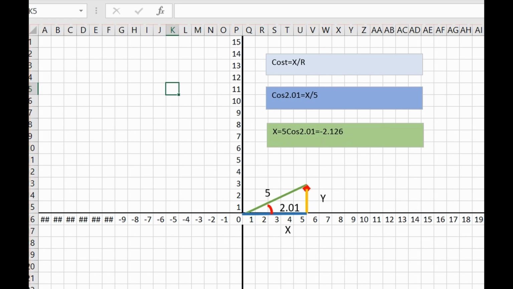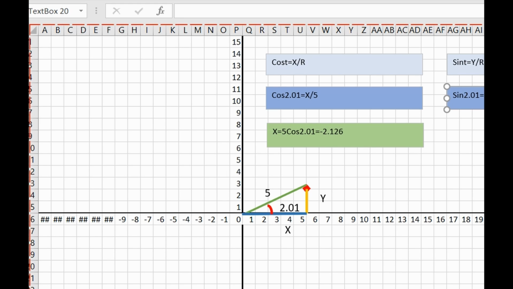Okay, so that's X. And then for Y, we use sine. Sine is Y divided by 5, which is R. Then we put the information in there, and you can work out Y is equal to 5 sine 2.01 radians, and the result is 4.525.